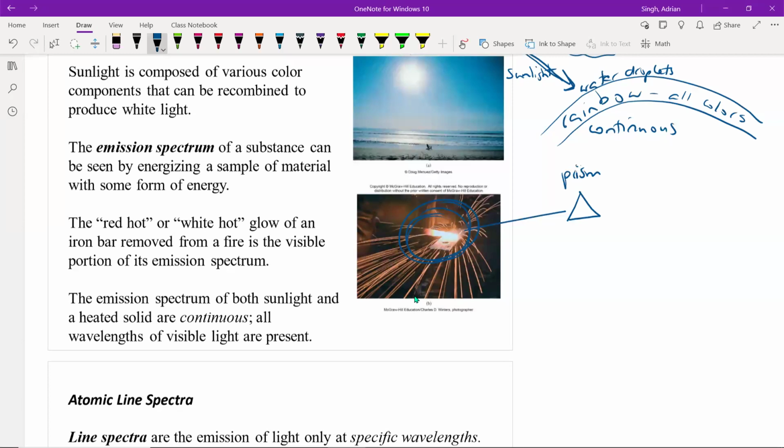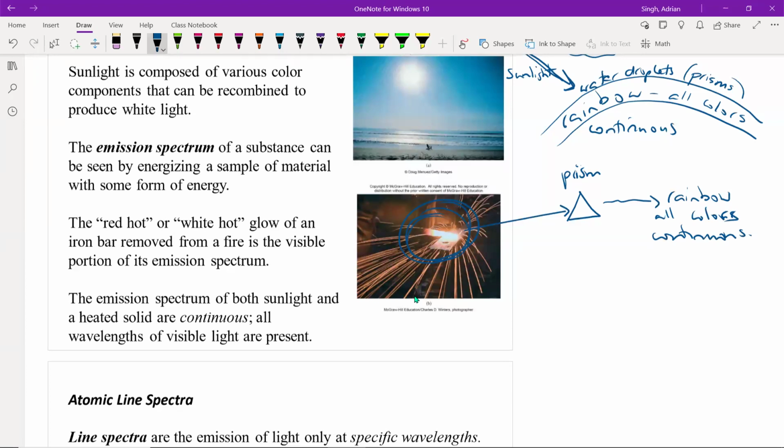The water droplets in rain do the same thing, so you can think of these as lots and lots of tiny prisms. What they do is separate the light coming into the prism into its component colors. And what you would actually see here is also a rainbow, which means that you're seeing all the colors, and it looks continuous as well.